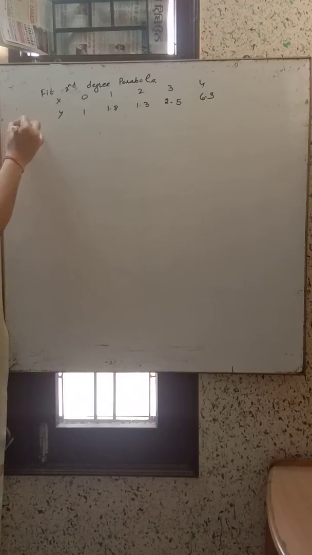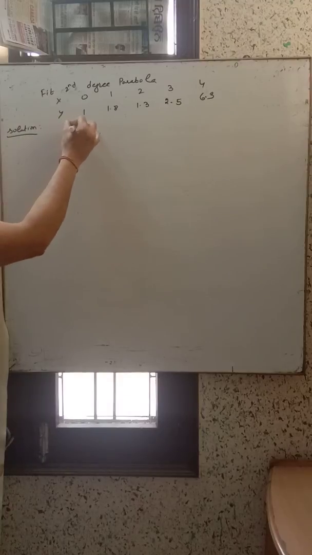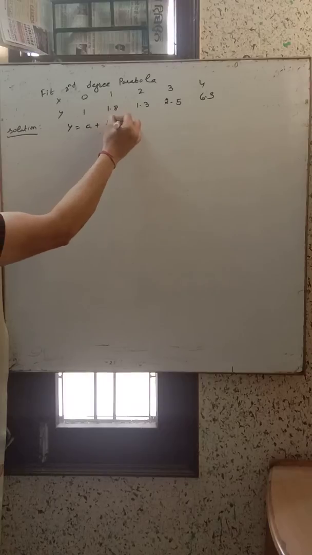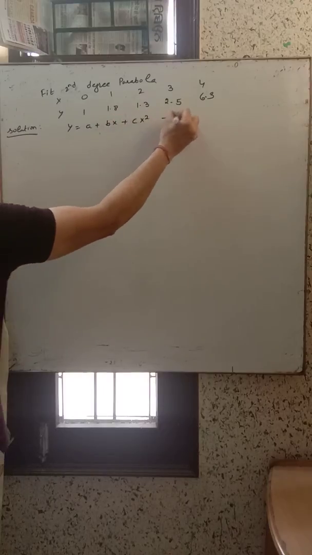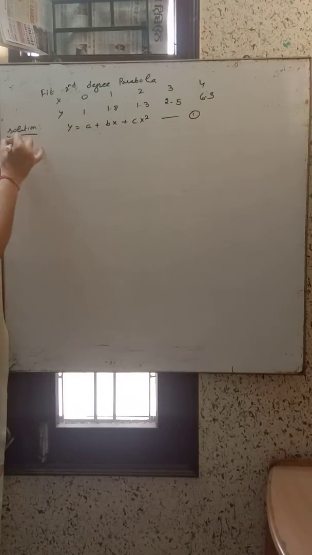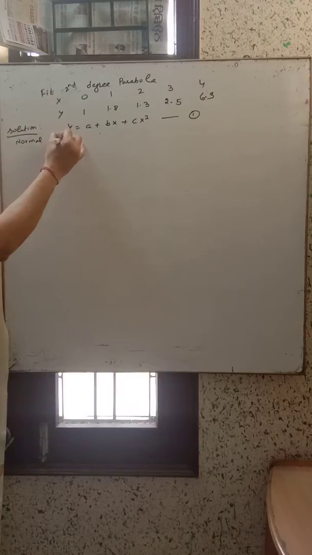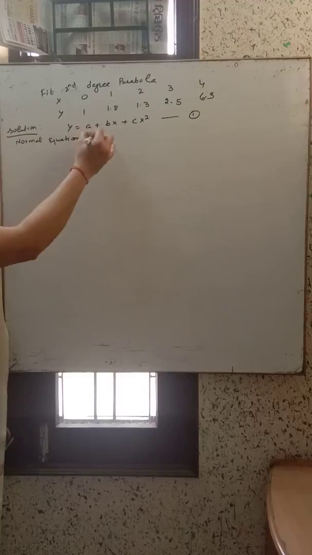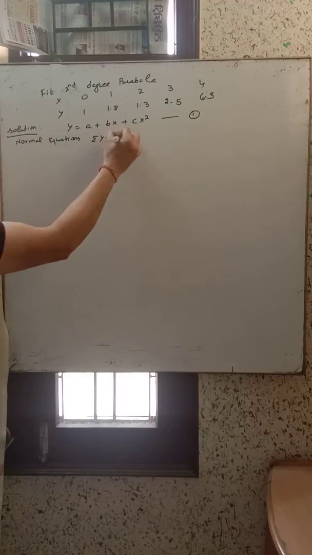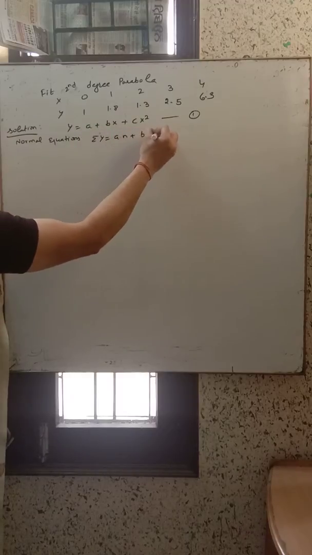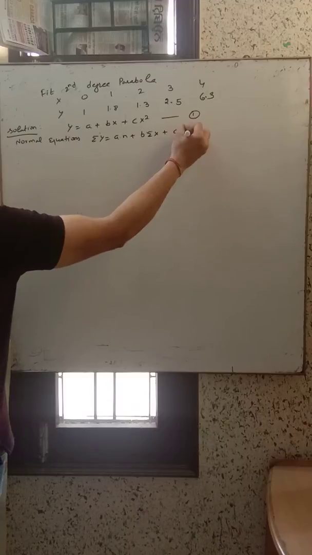Now first of all, let the equation of the parabola be y equal to a plus bx plus c x square. Take this as equation number 1. Then we find the normal equations as discussed. Summation y is equal to na plus b summation x plus c summation x square.